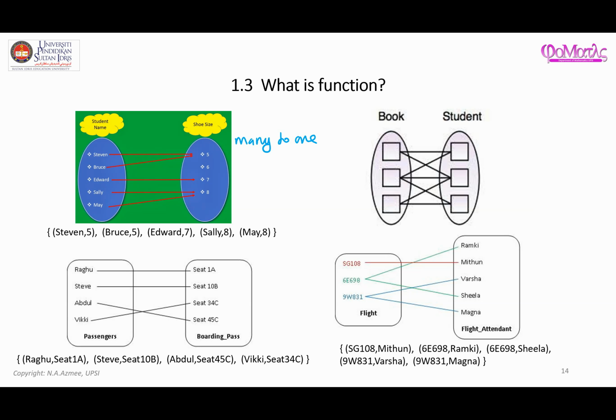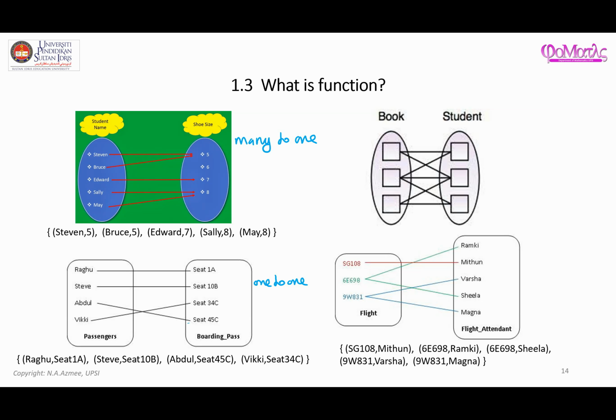Next, if you look at this example, this is the names of passengers and their boarding passes. Each person has one boarding pass, so this is an example of a one-to-one relation.